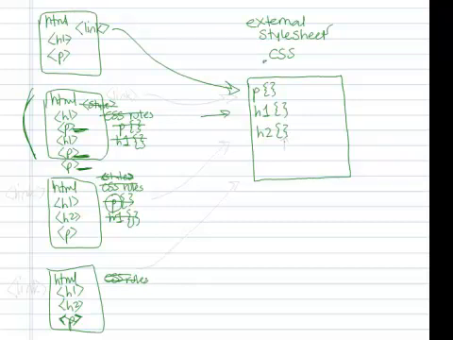And that's going to be what I need to add to every single one of my HTML pages so that it points to my same CSS file. So each one of these in the header is going to have a link element that points to this .css.